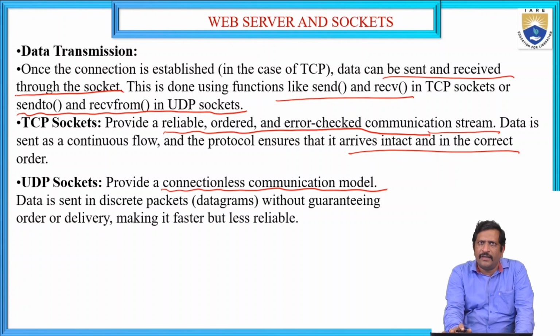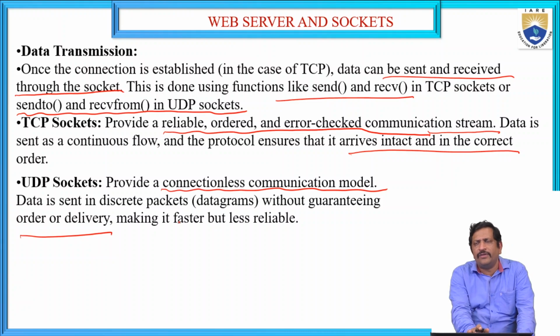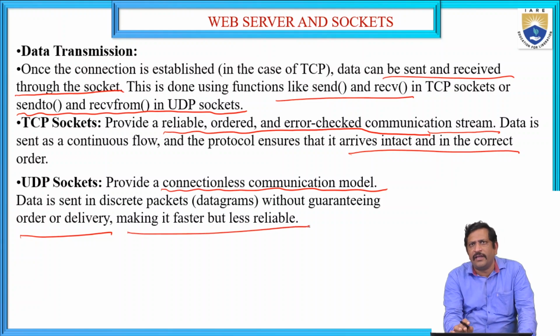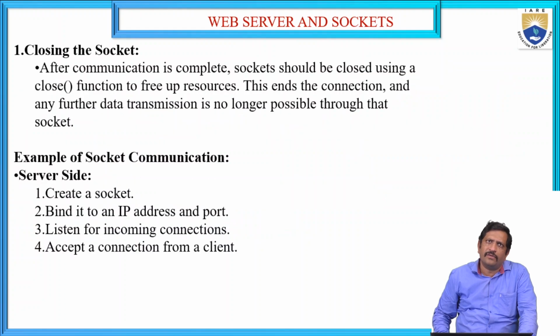Data is sent in discrete packets, called datagrams, without guaranteeing the order and the delivery. So while using UDP, there is no guarantee of delivering the data to the destination. But it is very fast. Connectionless is very fast, but less reliable and less secure also.